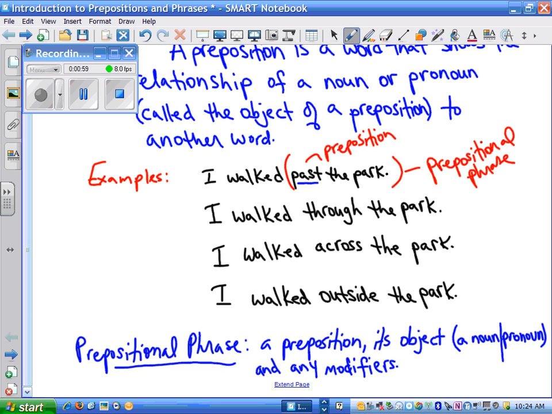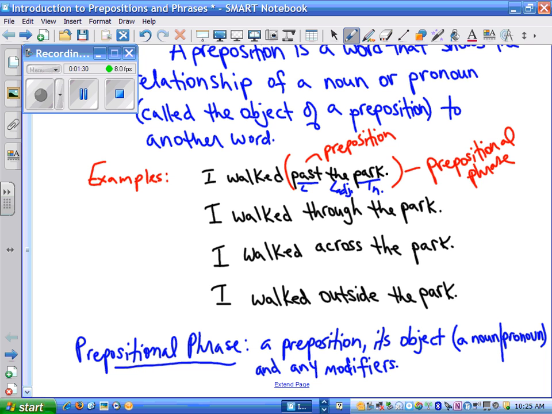You can see the definition of prepositional phrase at the bottom of your screen, and it's simply the preposition plus its object, which again is always going to be a noun or pronoun along with any modifiers. So in this case, past is the preposition, the we know is an adjective, and park, of course, is a noun.